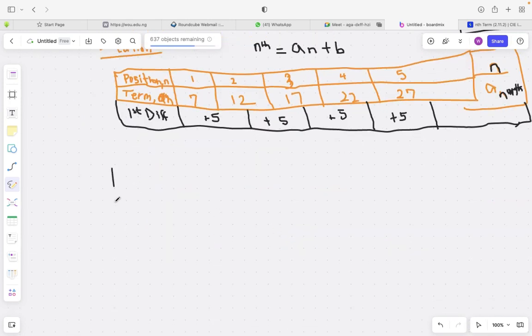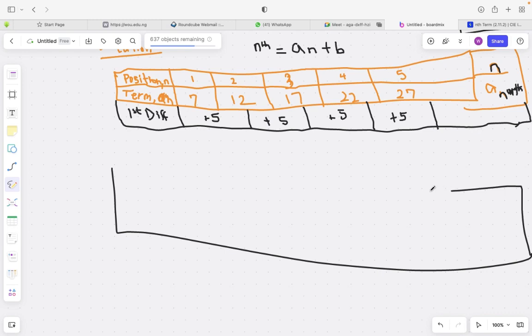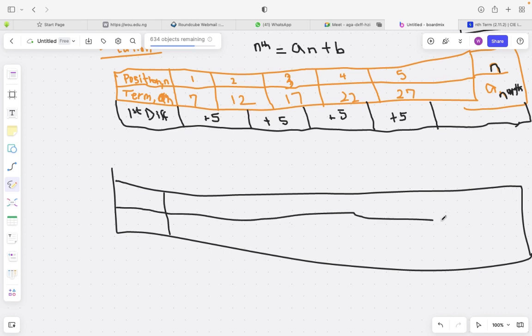Now I will make another table quickly. Oh, the line is so not nice. Okay, so this is position. If we like, we just write n in it.